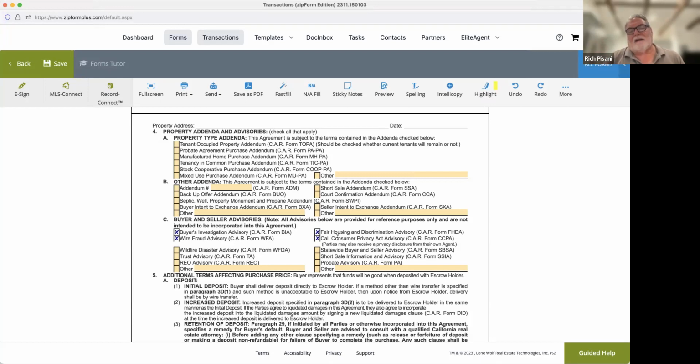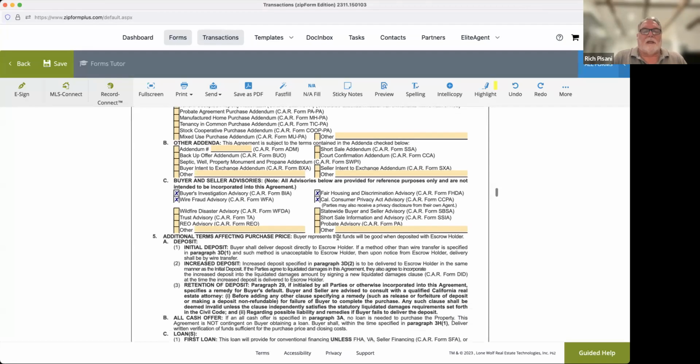You should also add the Keller Williams ABA, affiliated business addendum, because if you ask for services, all parties should be made aware that we have an affiliation with my NHD. If you're asking for my NHD, they should know that we have an affiliation with my NHD. So all of that.